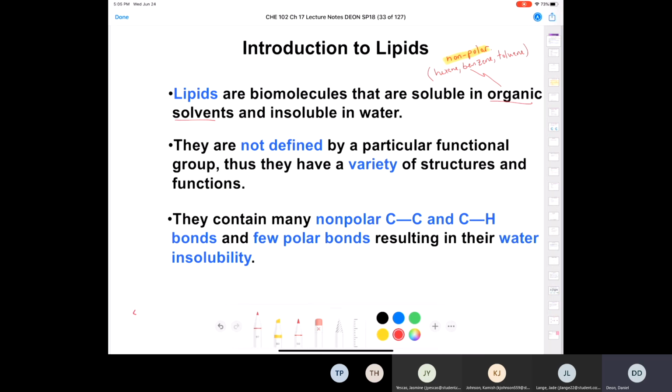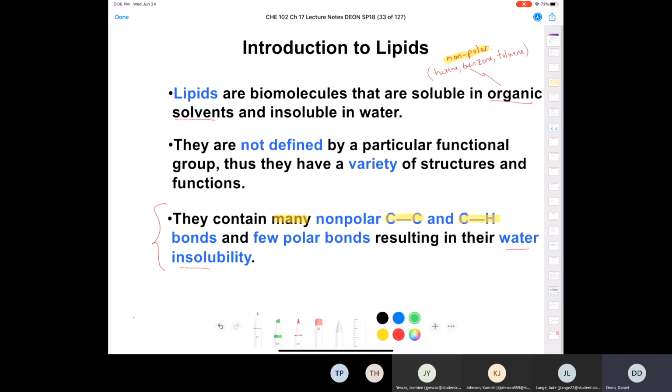And finally, the last bullet point here says lipids contain many nonpolar carbon-carbon and carbon-hydrogen bonds and very few polar bonds, resulting in their water insolubility. So just like we saw in hydrocarbons, which only possessed carbon-carbon and carbon-hydrogen bonds, lipids might not only contain those bonds, but they contain many of those types of bonds, and therefore it decreases a molecule's solubility in water the more carbon-carbon and carbon-hydrogen bonds we have.